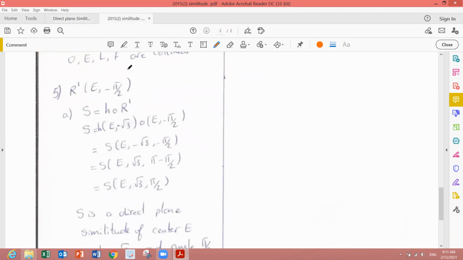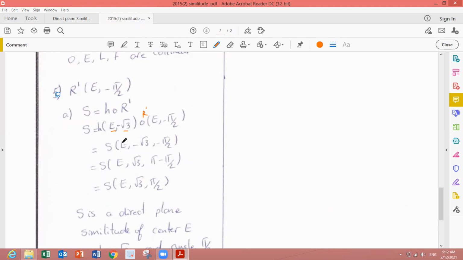So here, S equals H round R prime. So S equals H, with center E and ratio minus radical 3, round R prime. Here R prime has center E and angle minus pi over 2.